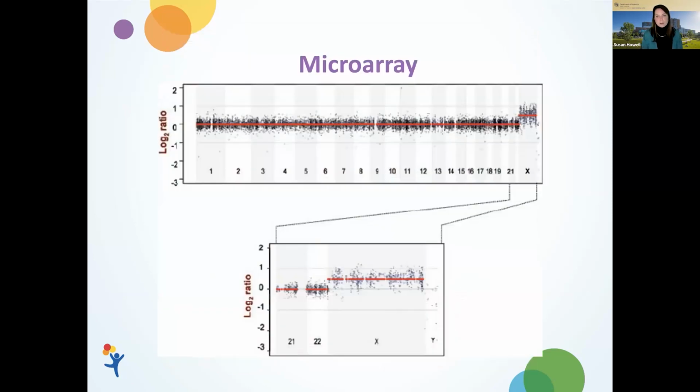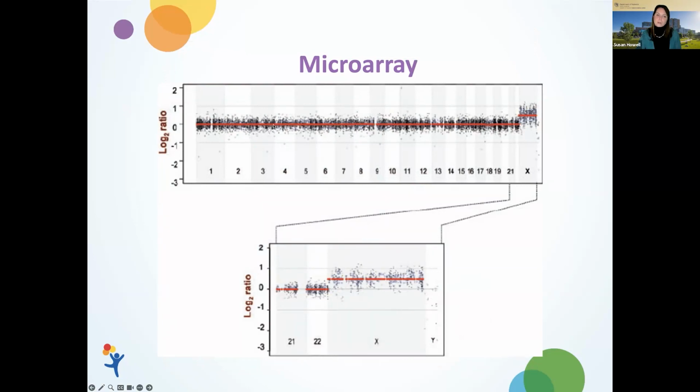A chromosomal microarray is also diagnostic of trisomy X. In a microarray, they use microscopic probes along the length of each individual chromosome to demonstrate the number of chromosomes present. When we compare the first pair to the second pair to the third pair, this straight red line represents that there are 2 copies of each chromosome.